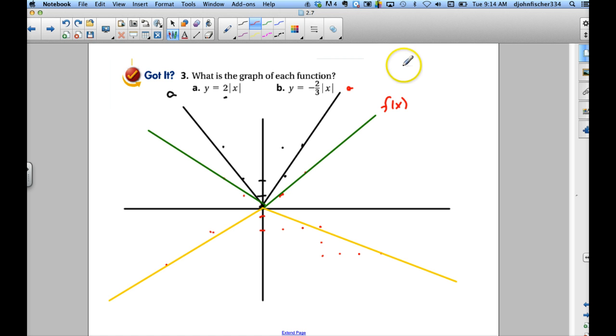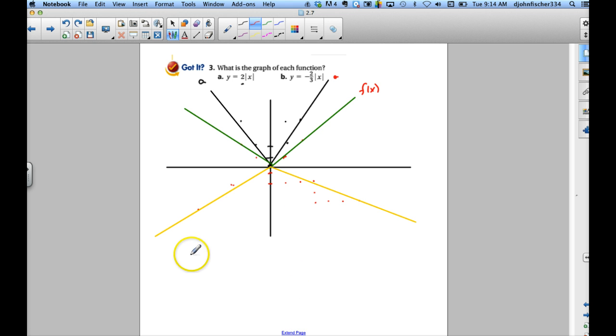So as you make your points here, what you might want to do is say, okay, how am I going to graph this? I might make a table of values. So x and y. In the previous problem, we have -3, -2, -1, 0, 1, 2, 3. And now the absolute value is going to be 3, 2, 1, 0, 1, 2, 3. Now when I graph this, let's say 2 is going to take all my y coordinates and stretch them.